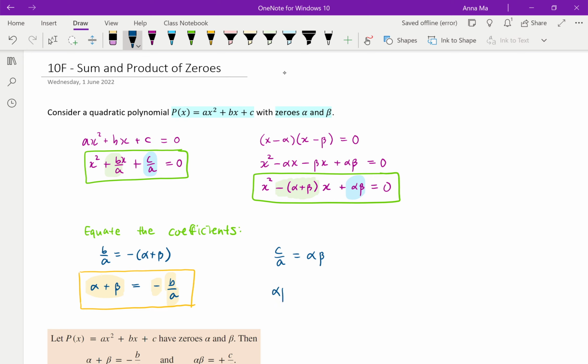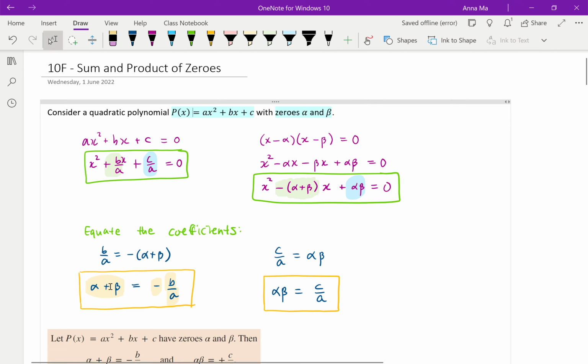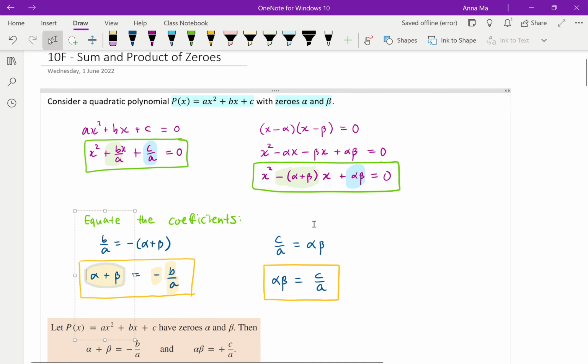So then again, writing down the product of the zeros as my subject, we can conclude that the product of the two zeros is equal to c over a, which is the constant in the expression divided by the leading coefficient. So again, without finding the zeros separately, we can find the product of the zeros based on the coefficients of the polynomial.